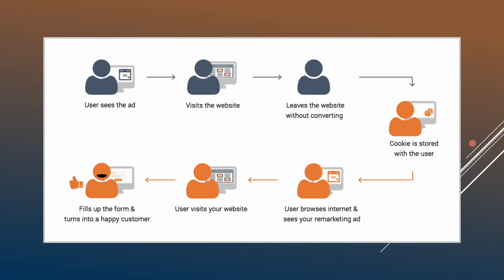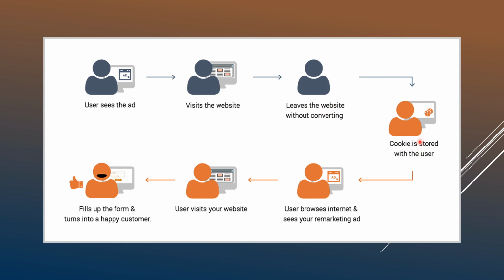Basically, you must have noticed something like on Amazon where you go to a product page, you view that product and then exit, and then after some time when you are browsing on Facebook, you see an ad from Amazon saying this product is still available, buy now. Now that's an example of retargeting ads, and basically what happens is when a user sees the ad and goes to the website, they then leave the website without converting.